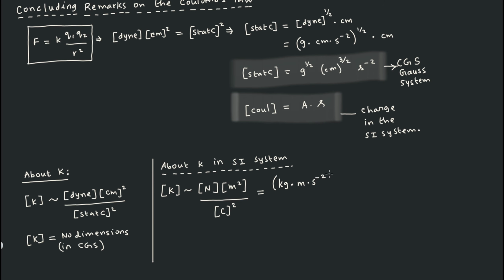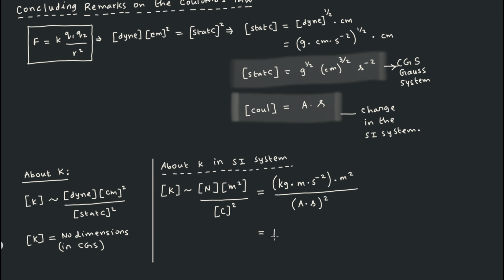If you do that, that is called 1 Newton. So that is what is written here. Then multiplied by a meter square, then divided by, and what is Coulomb? Coulomb is ampere multiplied by second. Then you have a square. And that's all you have to do. And now let us simplify this.